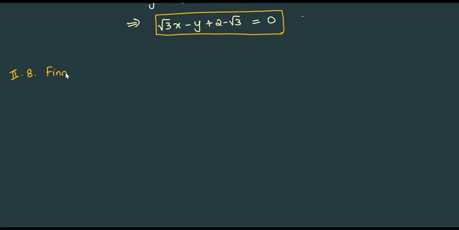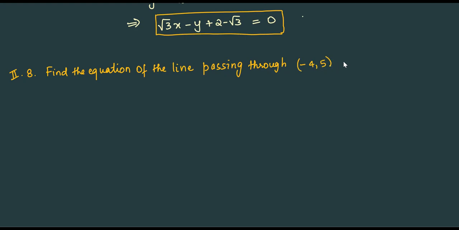Find the equation of the line passing through (-4, 5) and cutting off equal and non-zero intercepts on the coordinate axis.